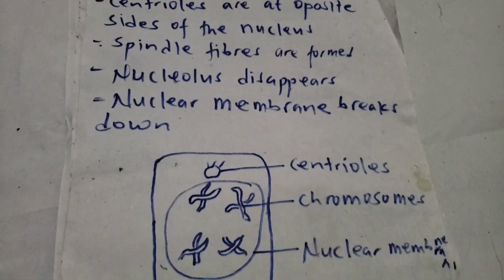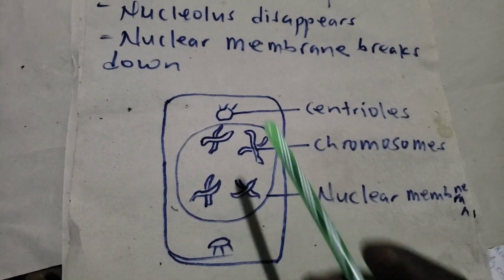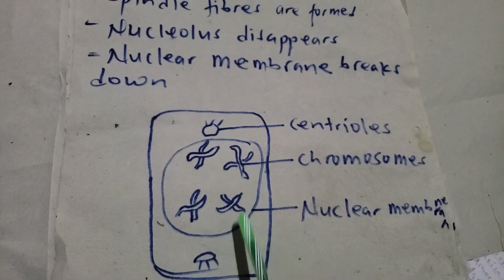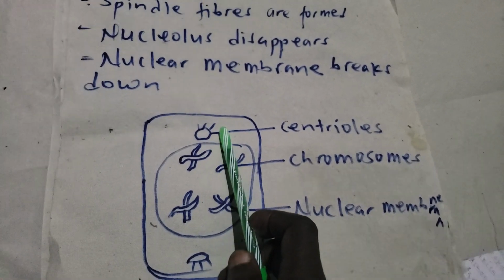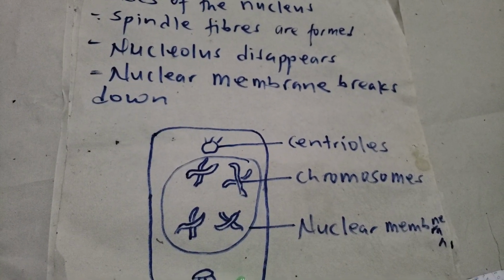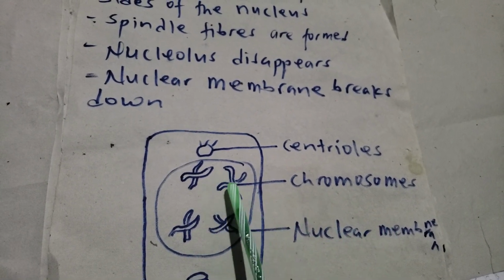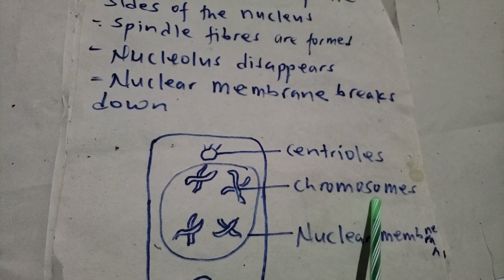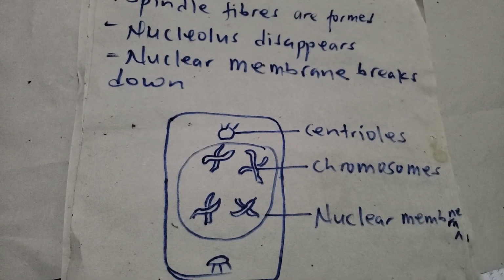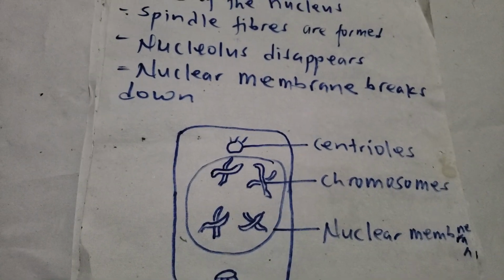So as we can see at that drawing, the centrioles have already moved to the opposite sides of the nucleus. As you can see, this is our nuclear membrane. We are seeing that chromosomes are already formed. Let us go to the next one.